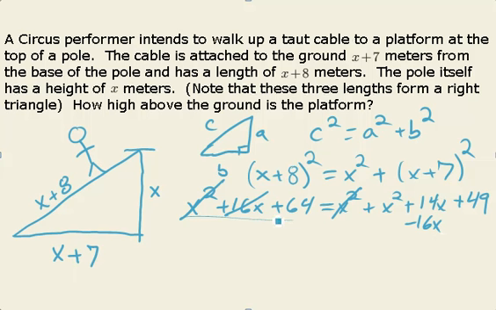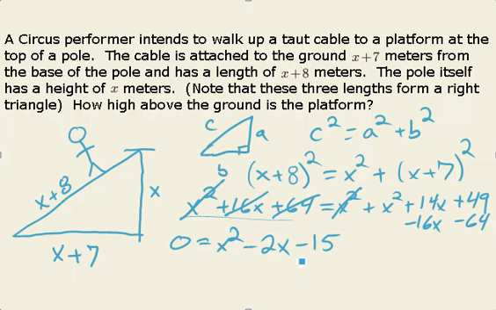If I subtract 64 from the left, subtract 64 from the right, let's see what we've got left. We've got 0 left over on the left. On the right, we have an x squared left over. We have 14x minus 16x, that's negative 2x. We have 49 minus 64, that's negative 15. So here's a quadratic. Leading coefficient is 1.